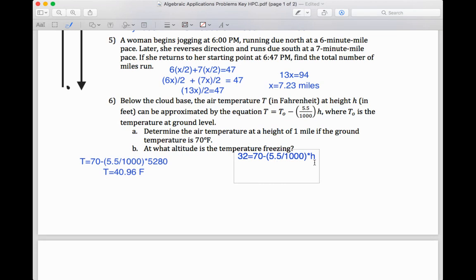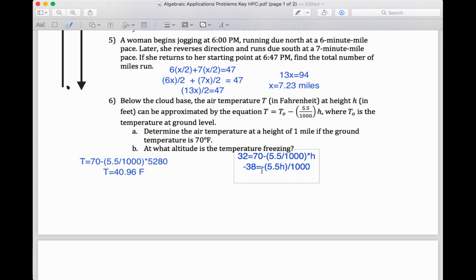So the first thing I would do is go ahead and subtract this 70 over. So when I do that, I get negative 38 is equal to negative 5.5H, all divided by 1,000. So I just put the H in the numerator with the 5.5.